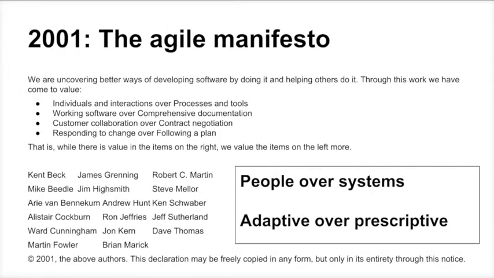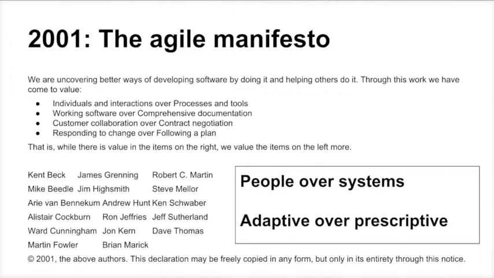So I'm going to go through those individual tools that are available very briefly. But just quickly to review the Agile manifesto: individuals and interactions over processes and tools, working software over comprehensive documentation, customer collaboration over contract negotiation, and responding to change over following a plan. Note that the authors of the manifesto acknowledge that there is value in the items to the right.